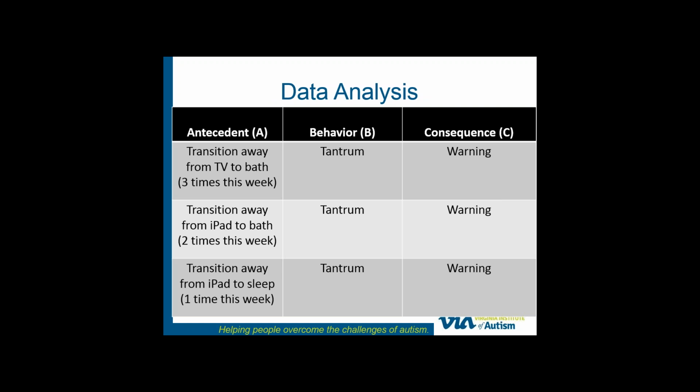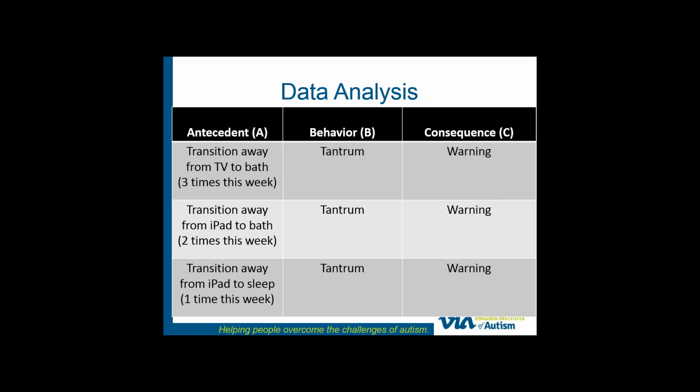Once we have enough data, we go into analyzing. We review to see what the patterns are across all your data. For instance, you might think that your child just hates taking a bath because every time that you ask him around bath time to take a bath, he's having a tantrum.